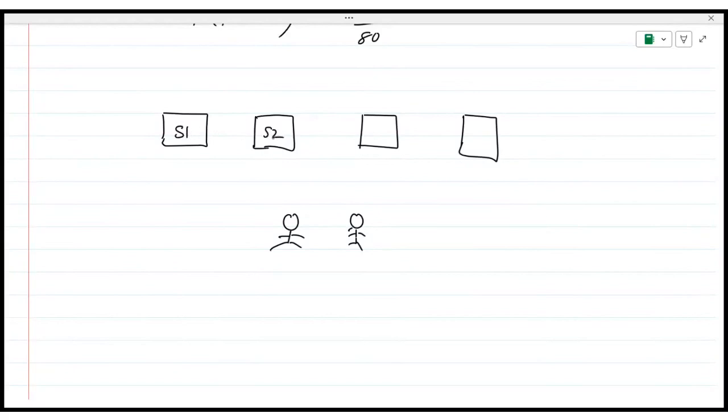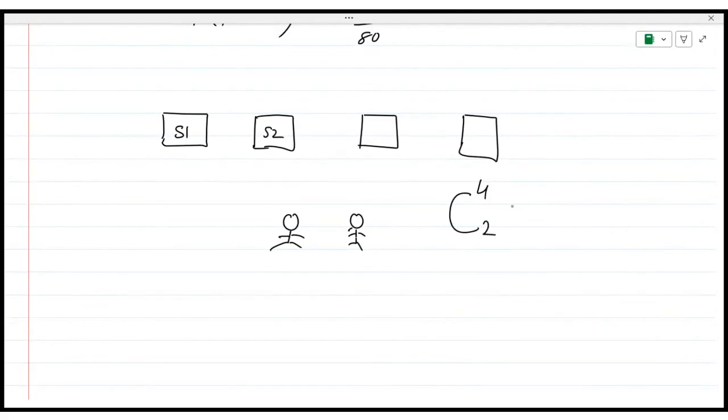So if you want to find the total number of ways in which these two students can sit in the 4 chairs, for that we have a very good symbol called combinations. If we find 4C2, what is the meaning of 4C2?